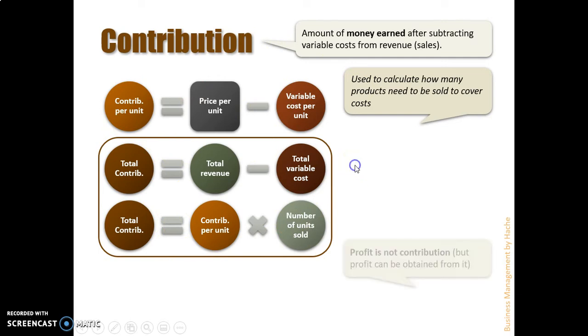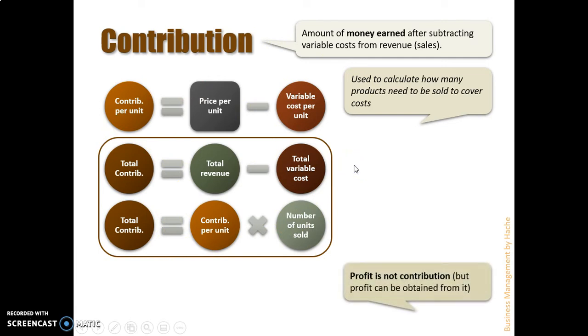Now, remember that contribution is not profit. So profit is not contribution. Profit is another different value. We have just subtracted the variable cost. We have actually ignored the fixed cost. So contribution is ignoring the fixed costs. It's just considering the variable costs being subtracted from the price or from the total revenue.